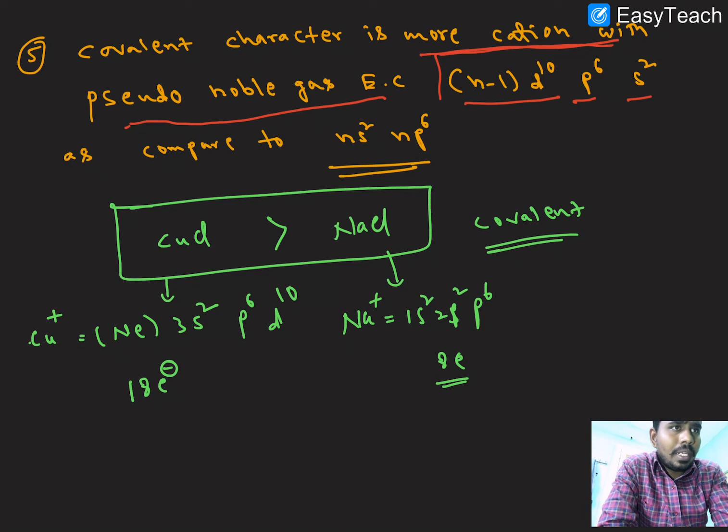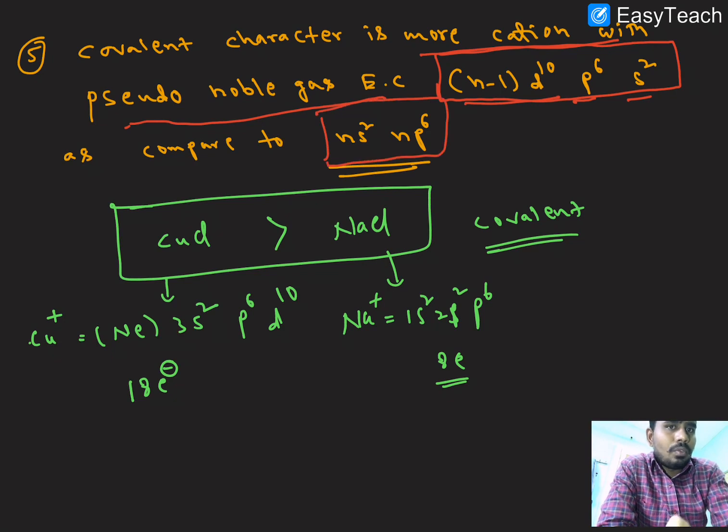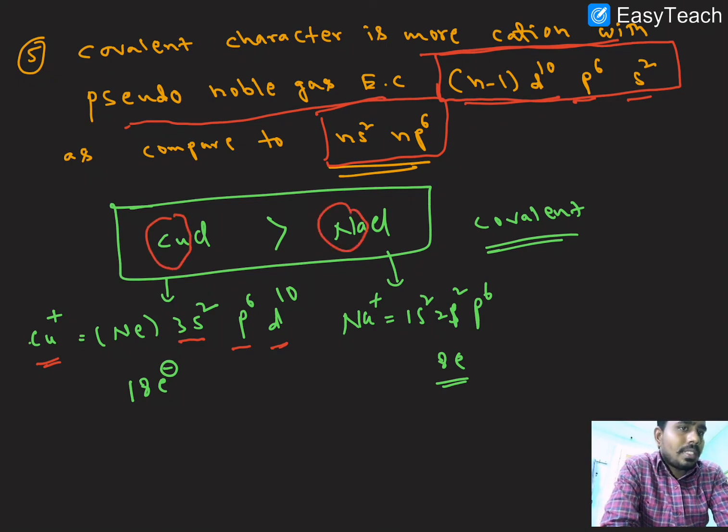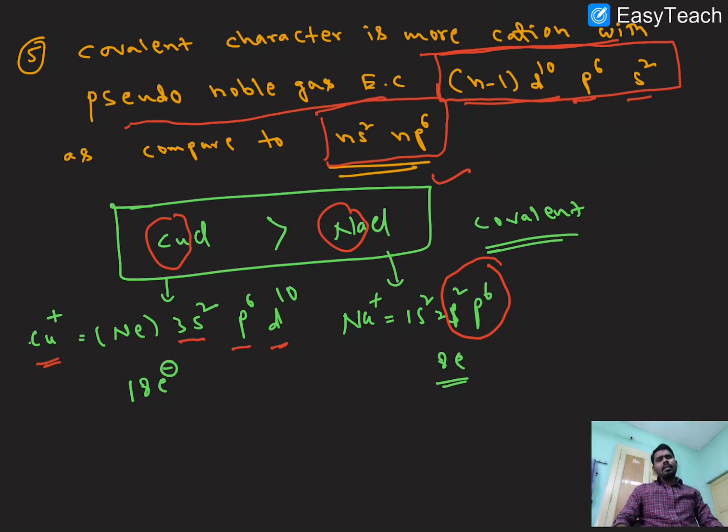This configuration has more covalent character compared to the general noble gas configuration. The example here is copper with configuration 3s2 3p6 3d10, and we know sodium is 1s2 2s2 2p6, so this has less covalent character. So this is the order of covalent character. I hope it is clear. This is the information regarding the Fajans rule, right?